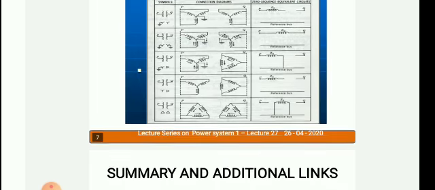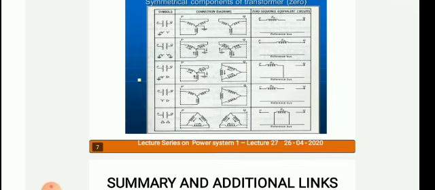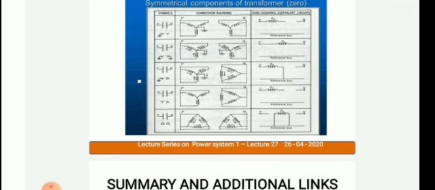If you have understood which switches are open and which are closed, you will clearly identify where the mistake is in this diagram.